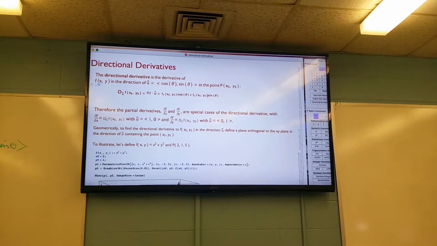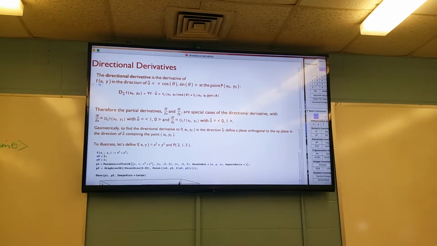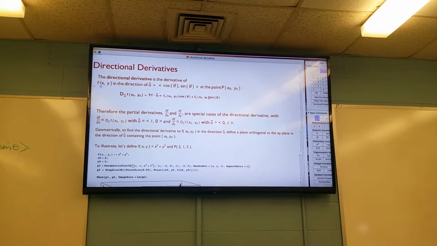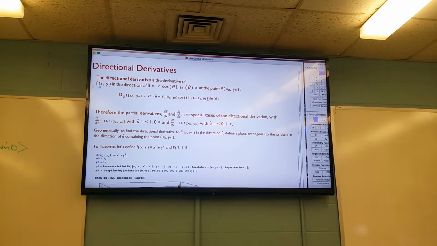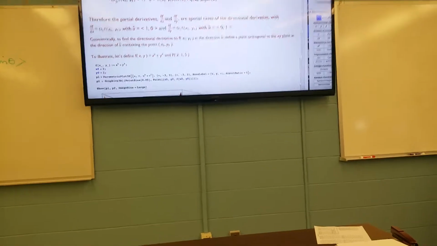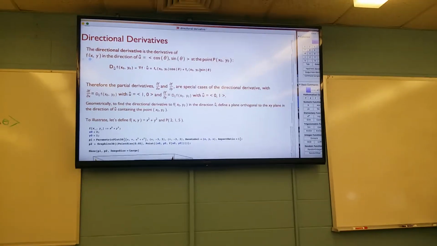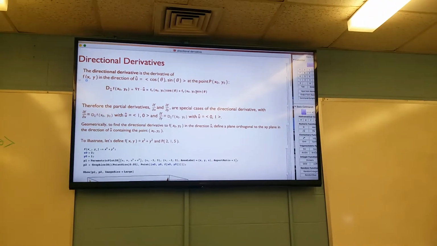Directional derivative along the y-axis, another name for it, partial with respect to y. Okay? And if you continue around 360 degrees, 2 pi radians, that's what you do. The directional derivative is parts of sine and cosine depending on where we are, how close we are to the x-axis or y-axis.